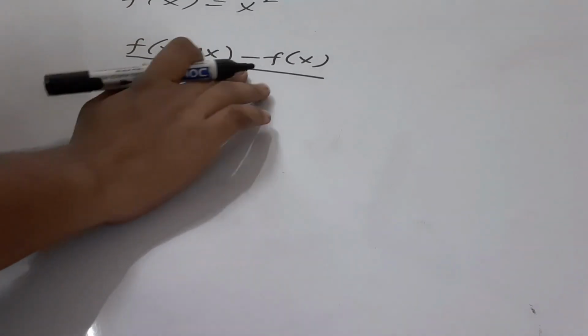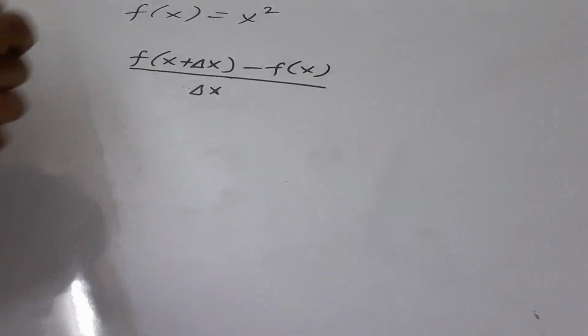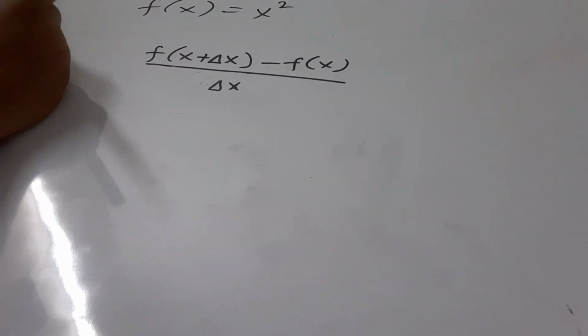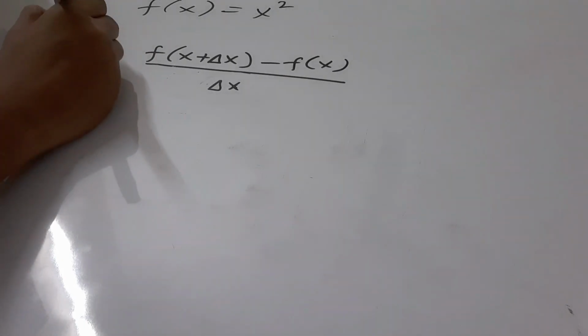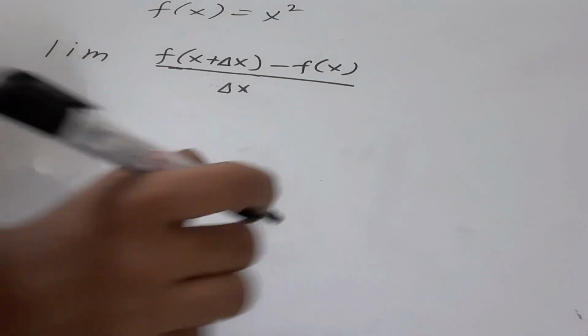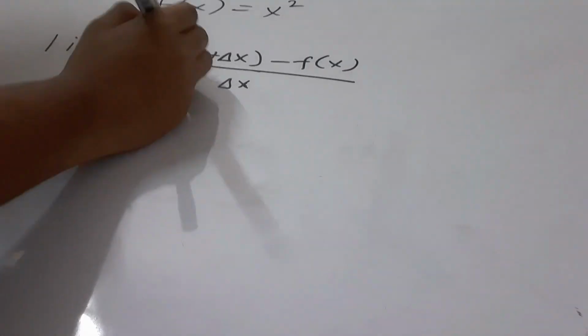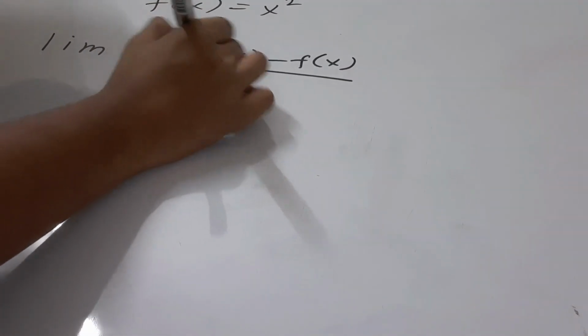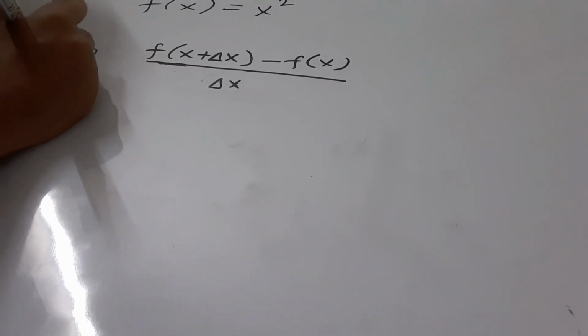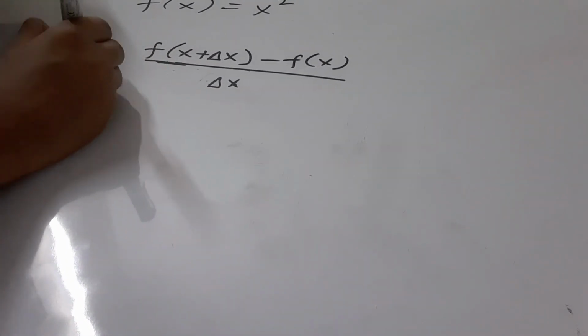So what we write here is something fancy, a new function which is called the limit, denoted by lim. Limit is a limiting case of a function. So I want delta x to be as close to 0 as possible, but not 0.